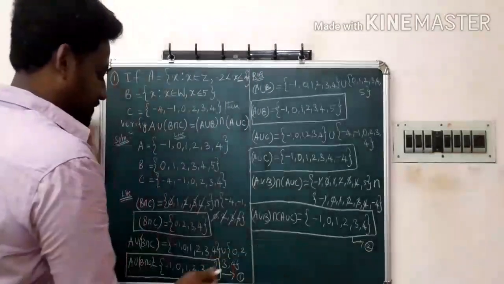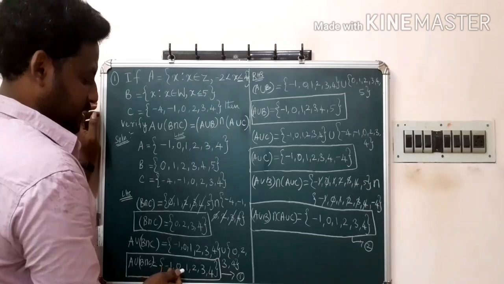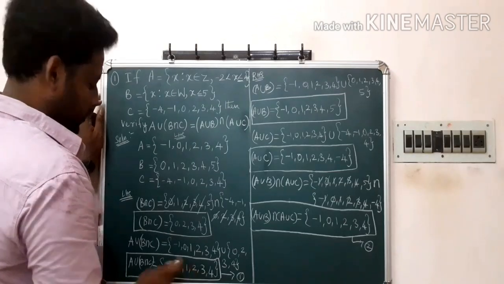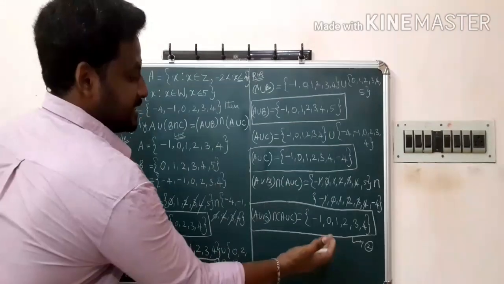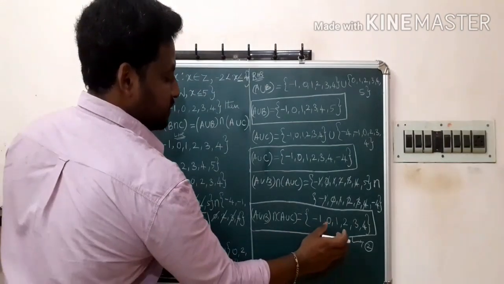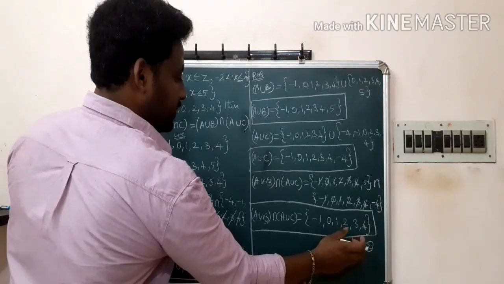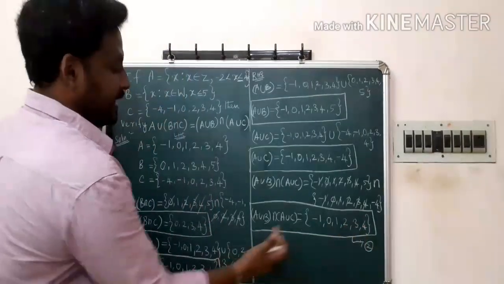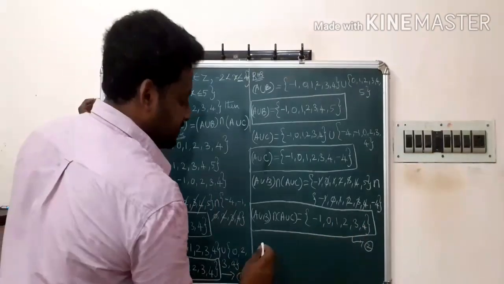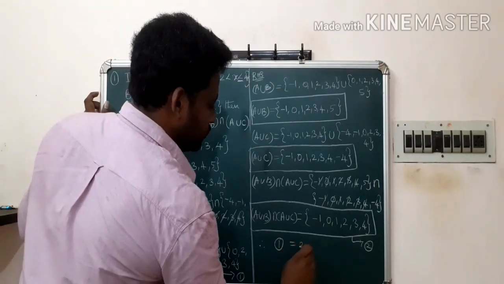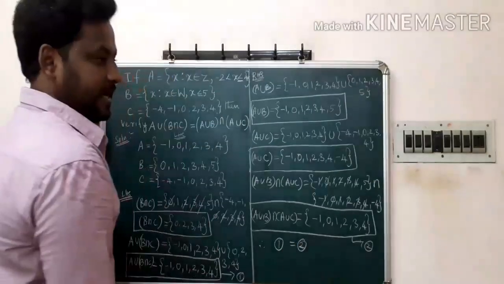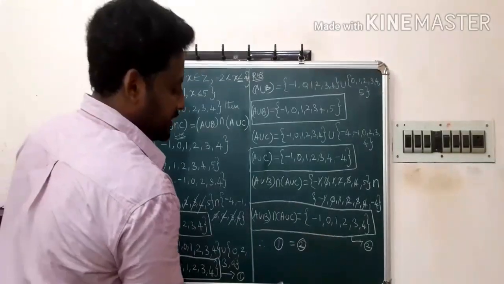Look at equations 1 and 2. Minus 1, 0, 1, 2, 3, 4 is A union B intersection C. And the next, equation 2, look at that: minus 1, 0, 1, 2, 3, 4. So both are equal, then the condition is satisfied. Therefore 1 is equal to 2, or else you can write LHS is equal to RHS.